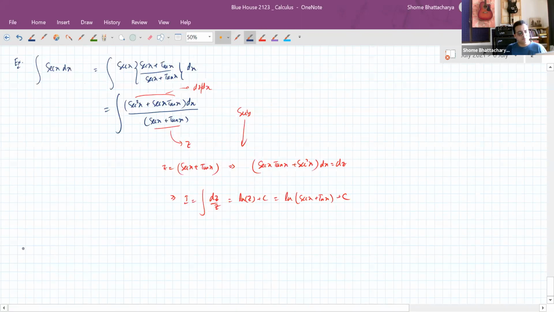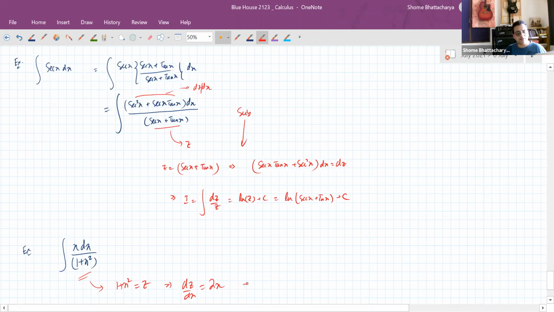Now, one more thing we have to keep in mind, that suppose we have something like this. Again, a bit of manipulation. Now you can see that if you take 1 plus x square as z, then dz by dx is 2x. Now we don't have a 2 in the numerator, so we'll have to adapt this a little.